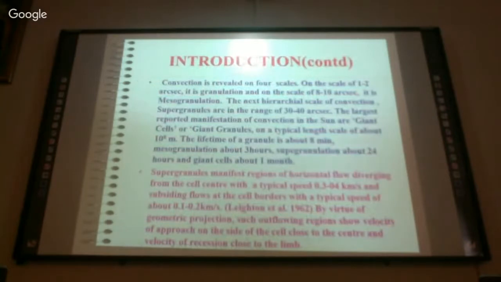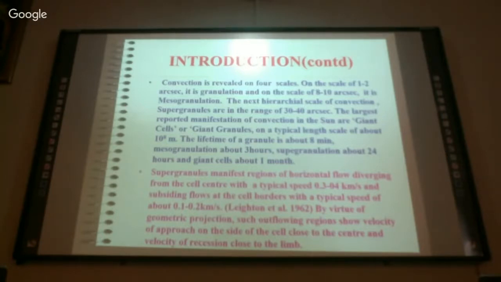Convection is revealed on four hierarchical scales. On a scale of 1 to 2 arcsecond, it is granulation with a typical lifetime of say 8 to 10 minutes. The next hierarchical scale is mesogranulation with a typical scale of 8 to 10 arcsecond and a typical lifetime of say 3 hours.